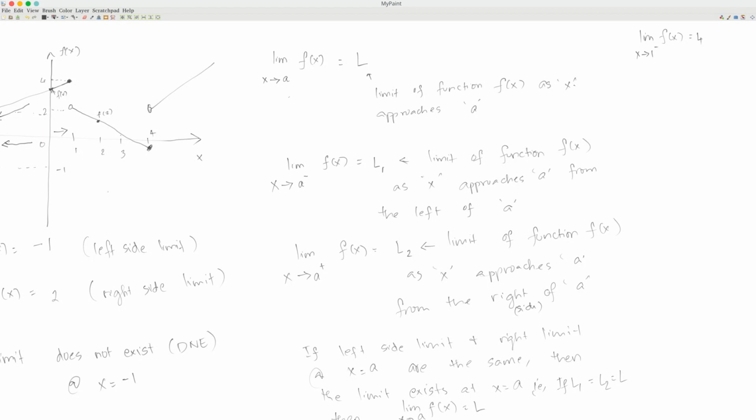Now, if we get closer to 1 from the right hand side, the limit as you approach 1 from the right will be 2, because the point moves and gets closer and closer, and that value is 2. Now, does the limit exist at 1? Clearly it does not exist.